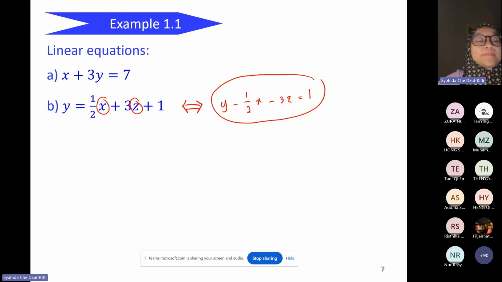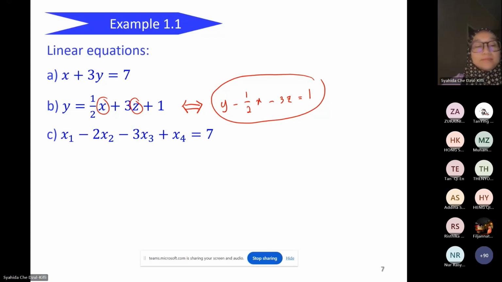Okay, so the second equation is also a linear equation. The third example is a linear equation with 4 variables. Okay, is everything clear?